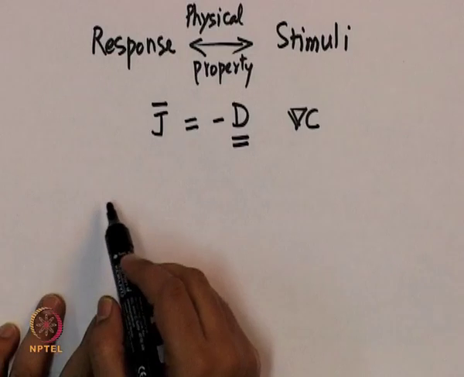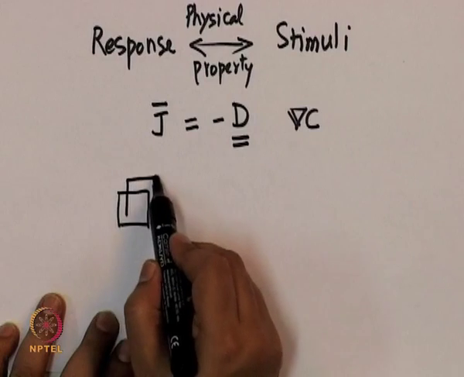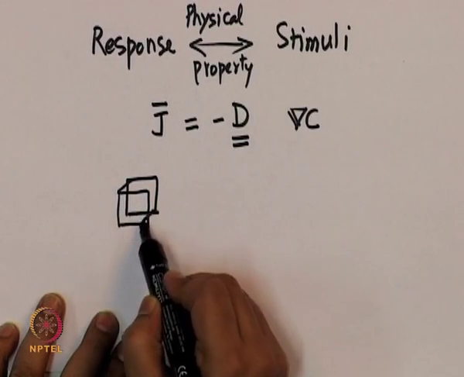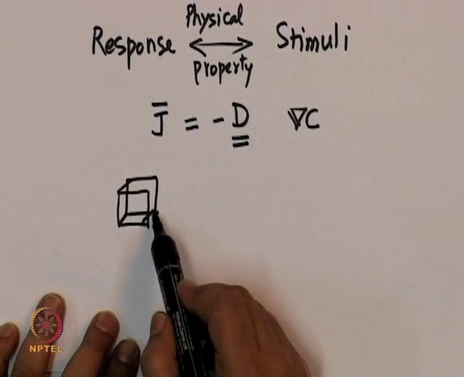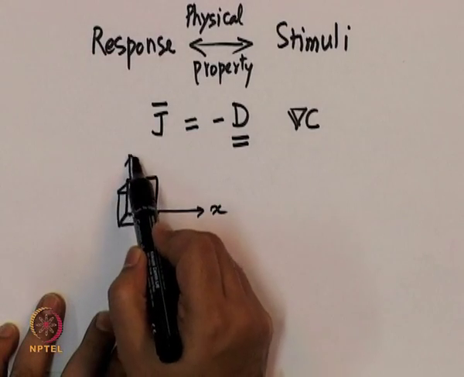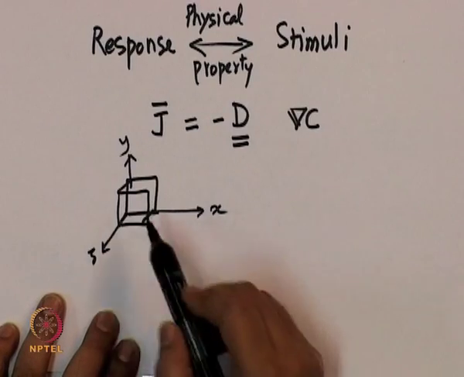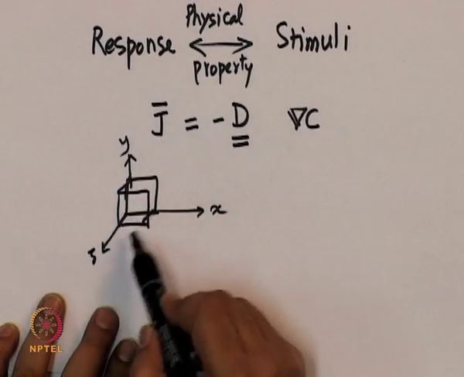Let us say that I consider a crystal, okay, and I call this as the x axis, this as the y axis, this as the z axis. Now, there are two ways to think about.